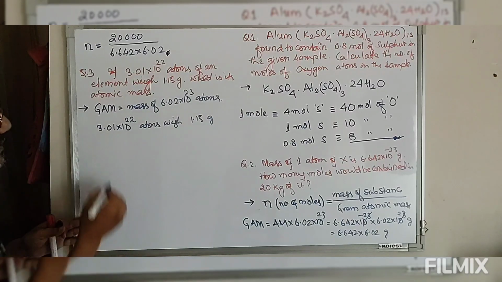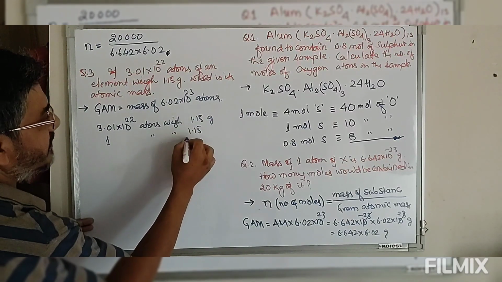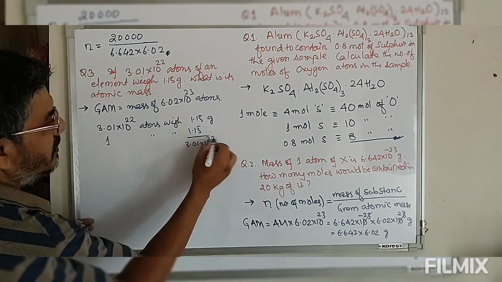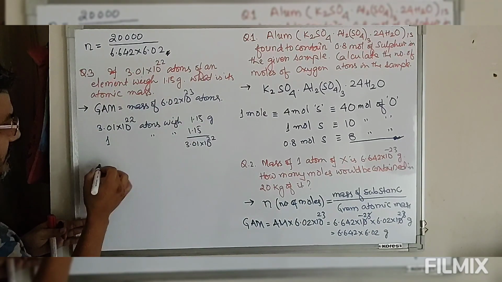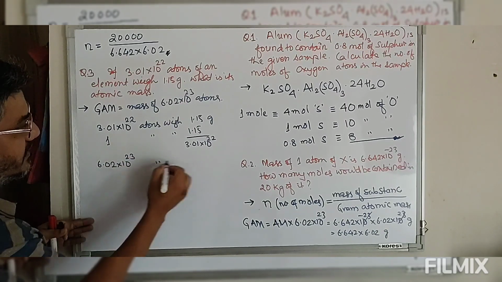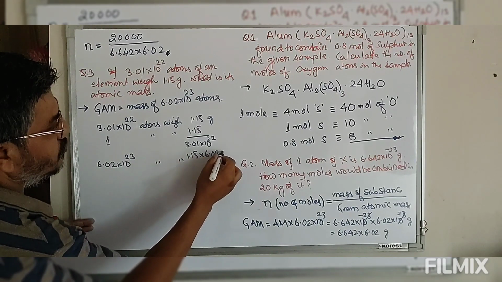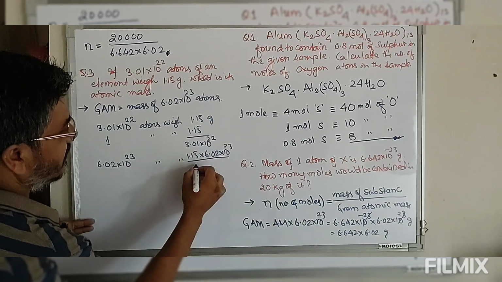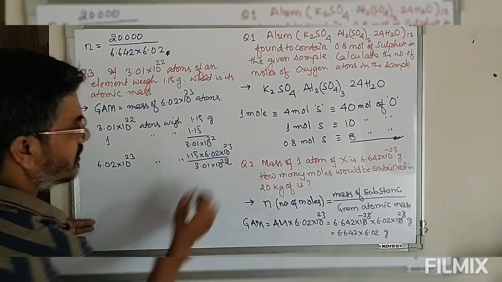1.15 gram. Then one atom will weigh 1.15 divided by 3.01 into 10 to the power 23, and therefore the mass of this gram atom, that is 6.02 into 10 to the power 23 atoms, will weigh 1.15 into 6.02 into 10 to the power 23 divided by 3.01 into 10 to the power 23.